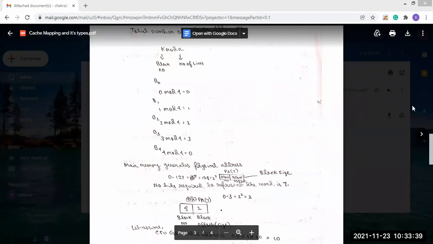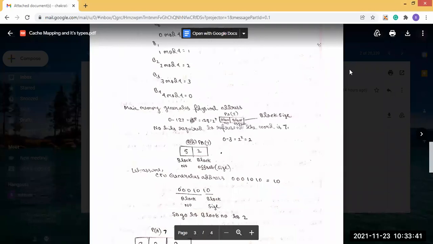Now let's say the CPU generates an address, 0001010. This is CPU generated. The last 2 bits are for the block size, and the first 5 bits are for the block number.